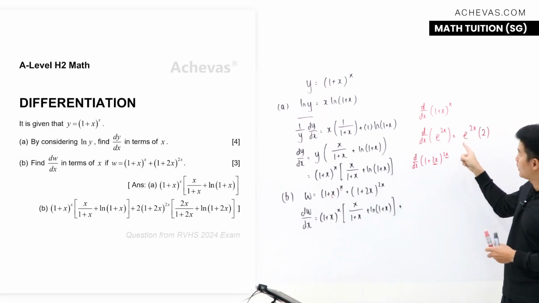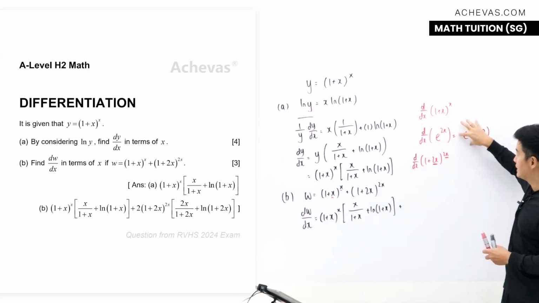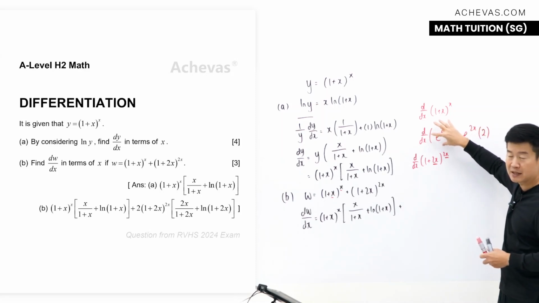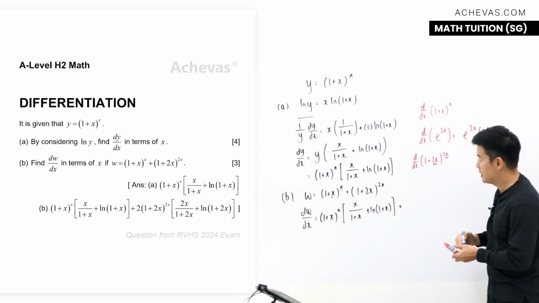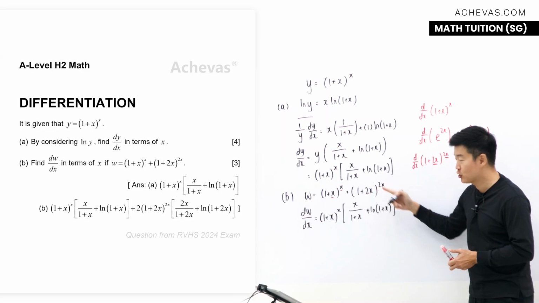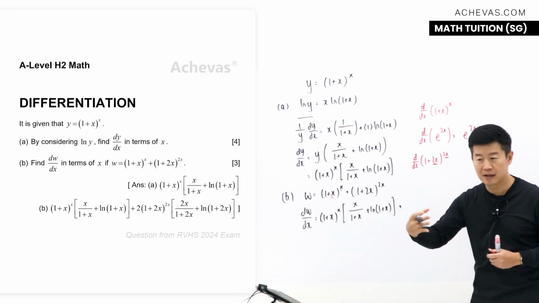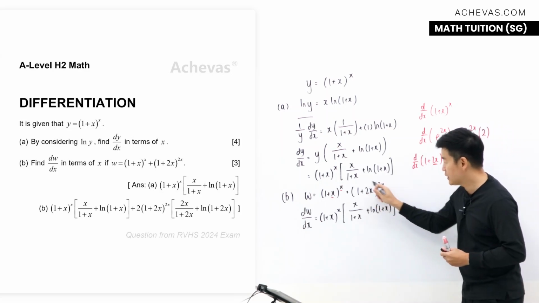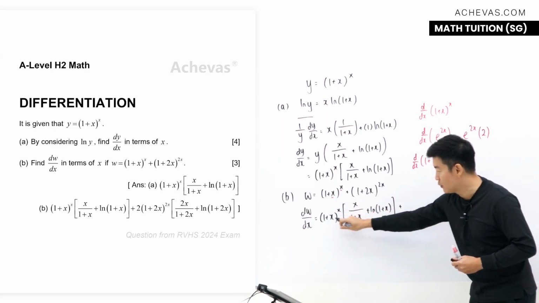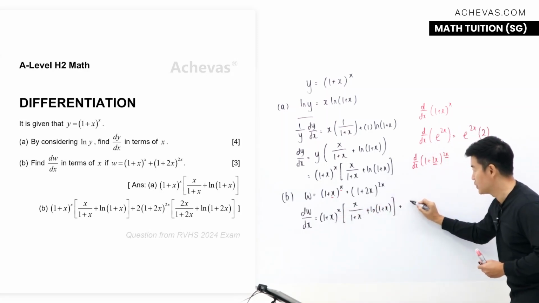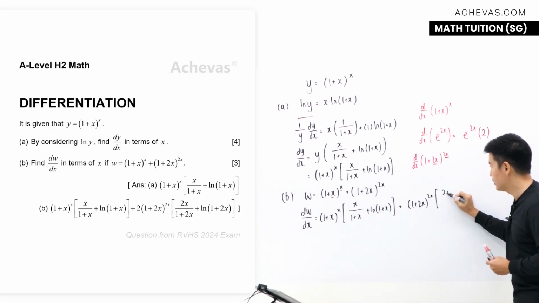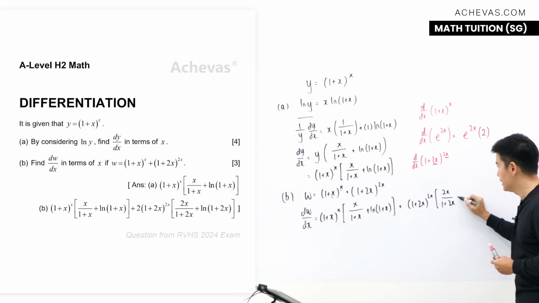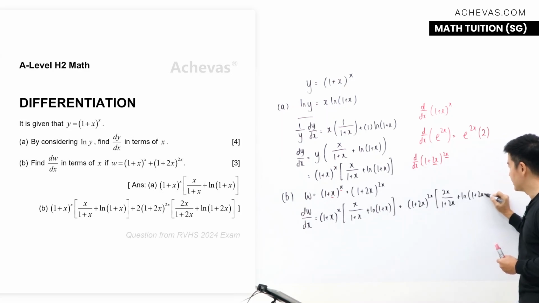Treating 2x as the function meant for the chain rule portion, we recopy the result replacing all the x by 2x, which will be (1 plus 2x) to the power of 2x, then 2x over 1 plus 2x, plus ln(1 plus 2x).